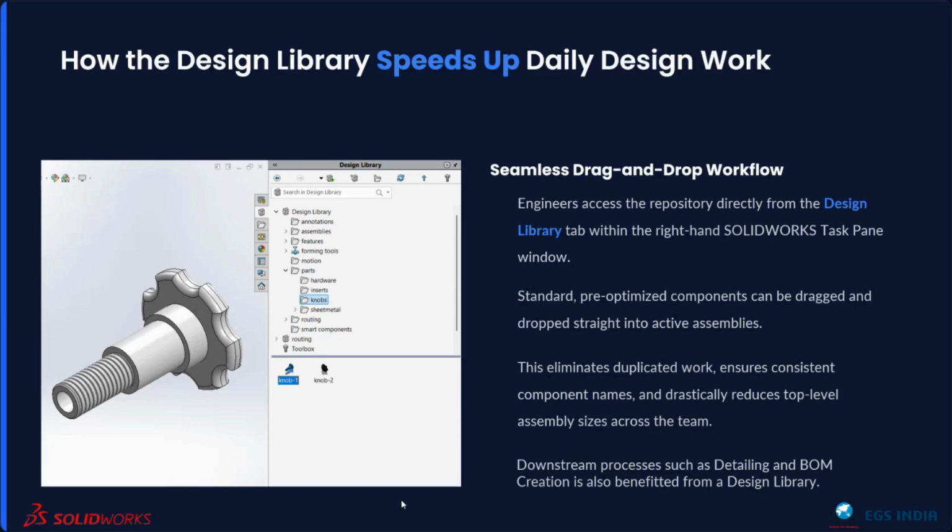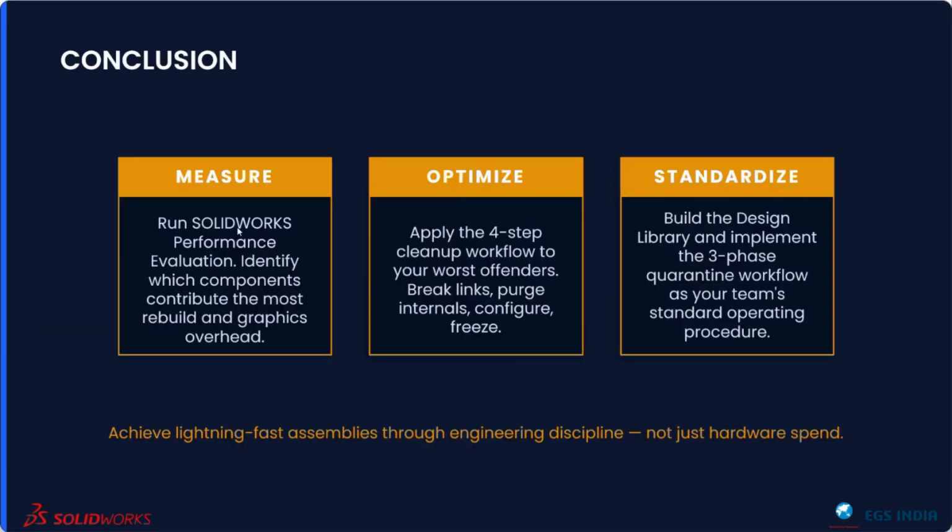So to sum up the entire webinar, the first step is to measure. Using the SolidWorks performance evaluation, we'll be able to identify which component or which subassembly contributes to your opening time, which has a lot of graphics triangles involved, etc. So first we'll have to measure your overall top level assembly.